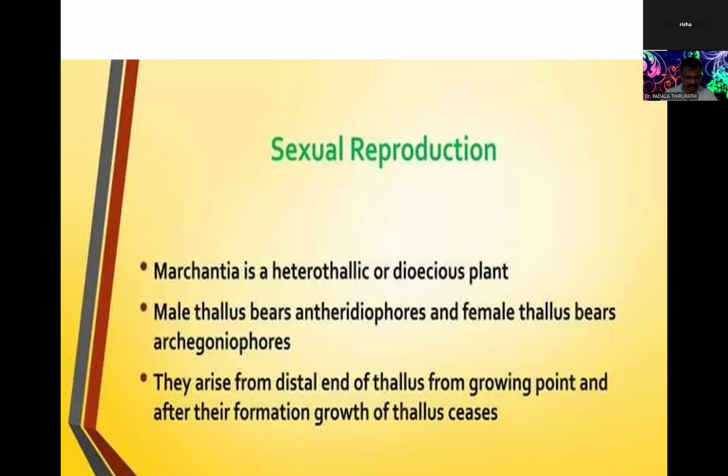Both arise from the distal end of the thallus, from the growing point, that is the notches. After their formation, the growth of the thallus is reduced, it stops. Once the antheridia and archegonia are formed, the normal vegetative growth of the thallus is reduced.